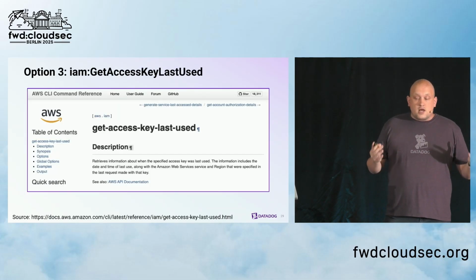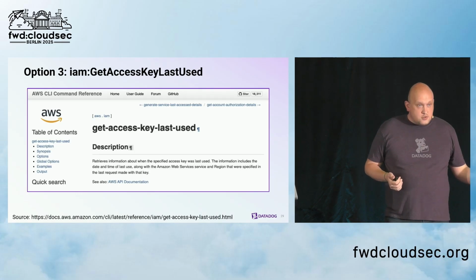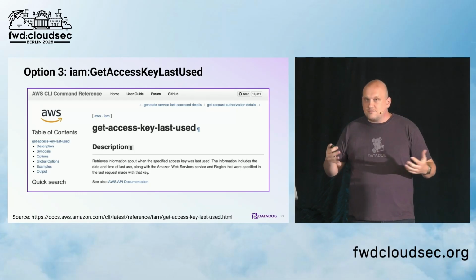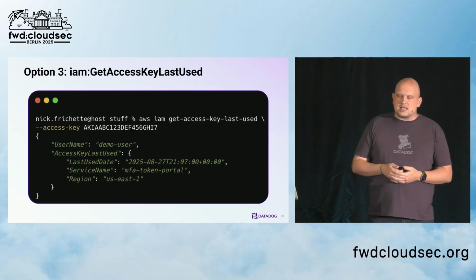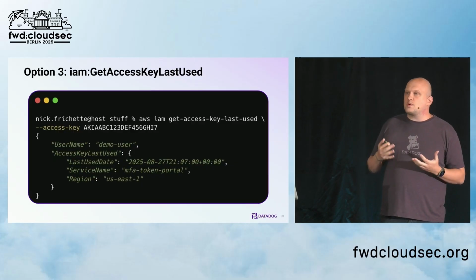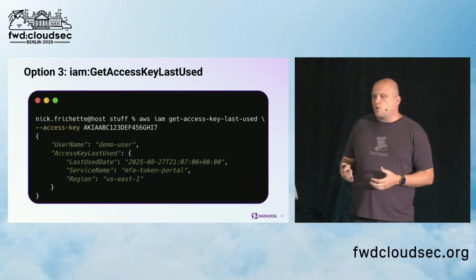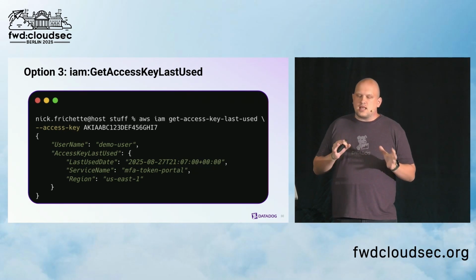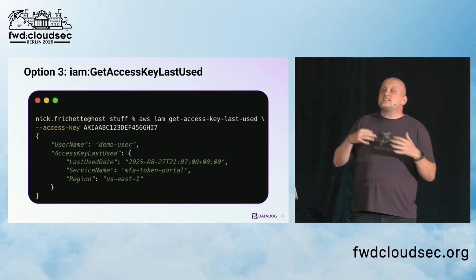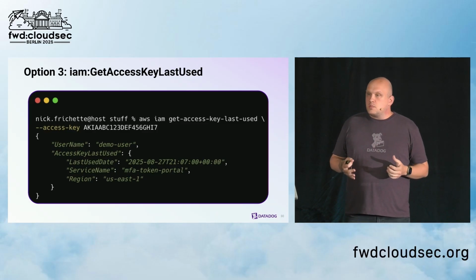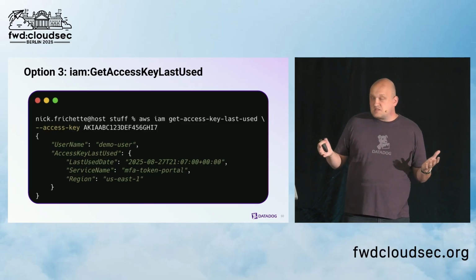If you're not familiar, IAM get access key last used tells you the last time an access key was used. And the output, if we take a look at an example, looks pretty similar to what we saw in the credential report. In particular, that last used date and that service name. So what this enables you to do is you can run this API as much as you want.